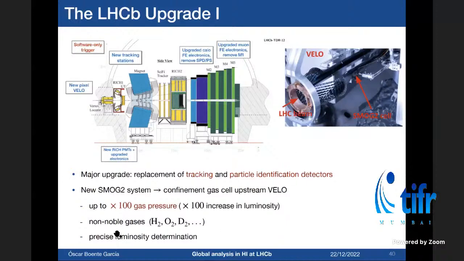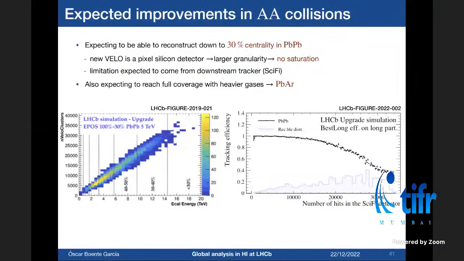And also, we are working to reduce the systematic uncertainties. For instance, we are able to do a precise luminosity determination by measuring precisely the pressure in the cell. Since we are changing our tracking systems, we did some simulations, and we expect to be able to reconstruct up to 30% centrality in PbPb.